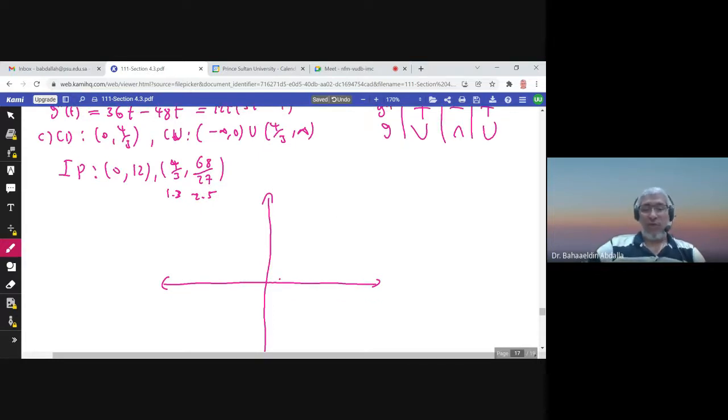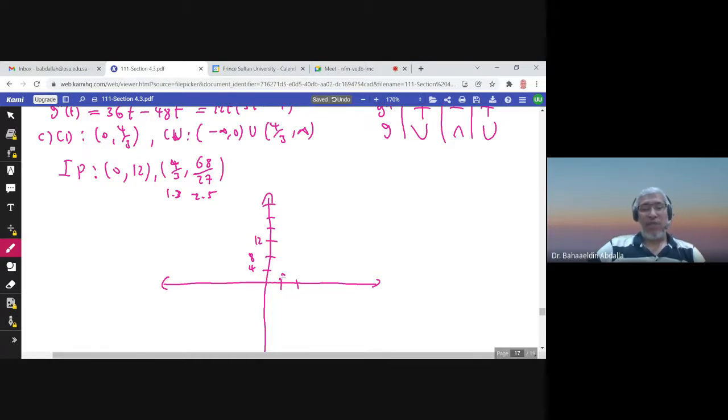So this is 1, this is 2, the point 1.3. Well, here I go 6, 8, 10, 12. I go 2 by 2, maybe 4 by 4. Okay, 4, 8, 12. So 1.3 and 2.5 is somewhere here.